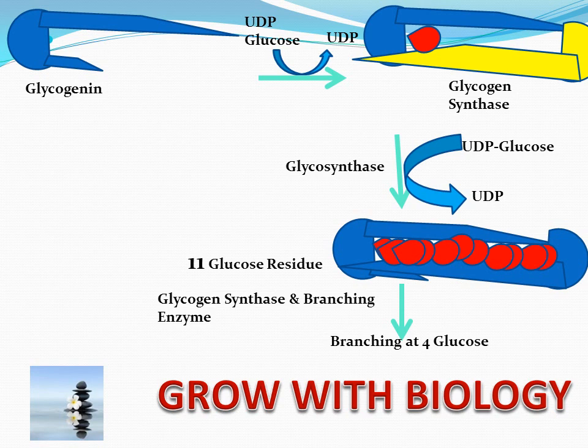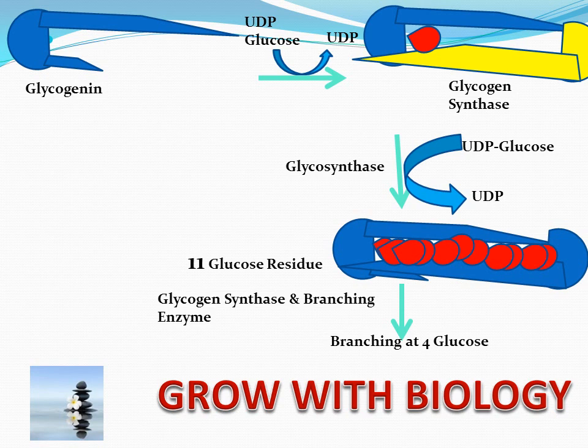Now when glycogen synthase is present, then all the glucose molecules will attach to this and the chain length will be elongated. Once the chain length has reached 11 glucose residues, then the branching enzymes will come and help in branching at the fourth glucose. And after branching, again the synthase enzyme will come and again it will start elongating. So it is a continuous reaction.